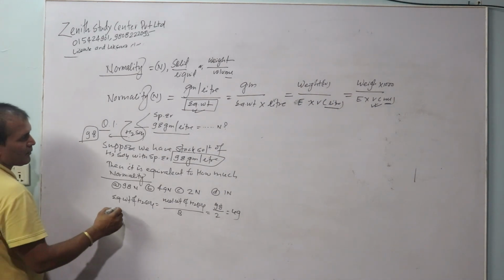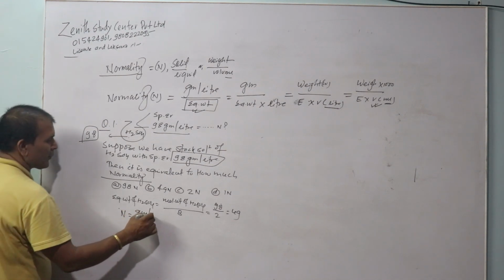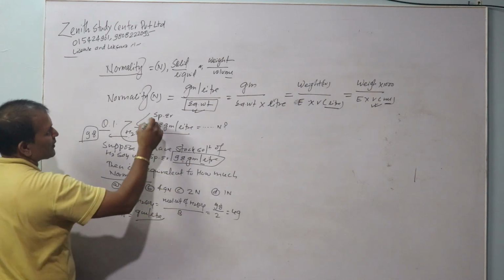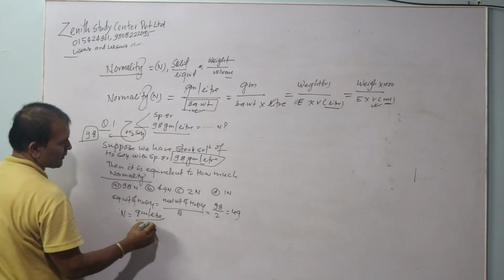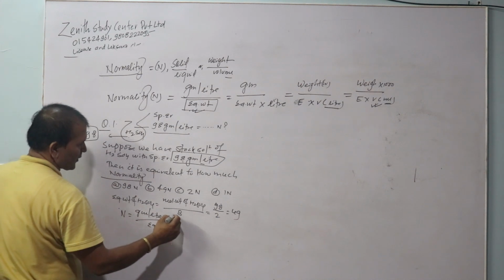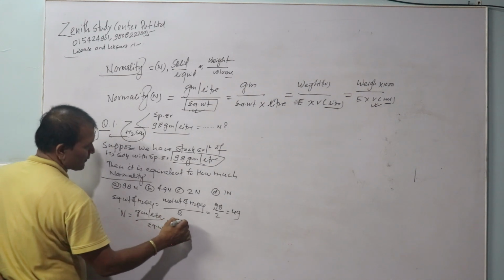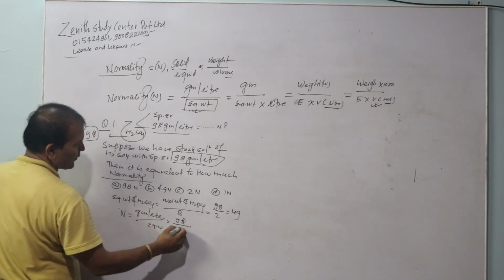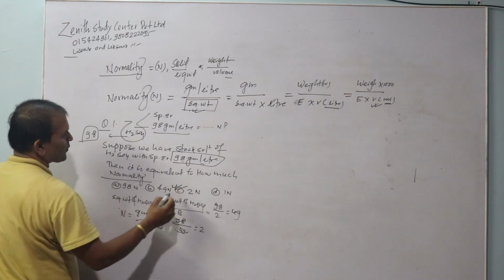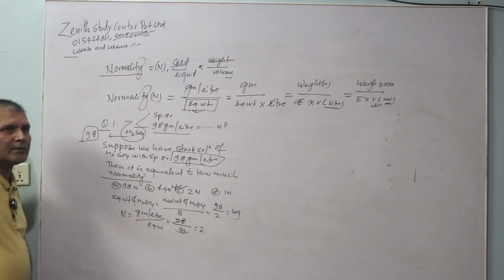Now you can calculate the normality. The normality is equal to gram per liter, given here as 98, divided by the equivalent weight we calculated, 49. So the normality is 2. Question number 1 is dealt with here.